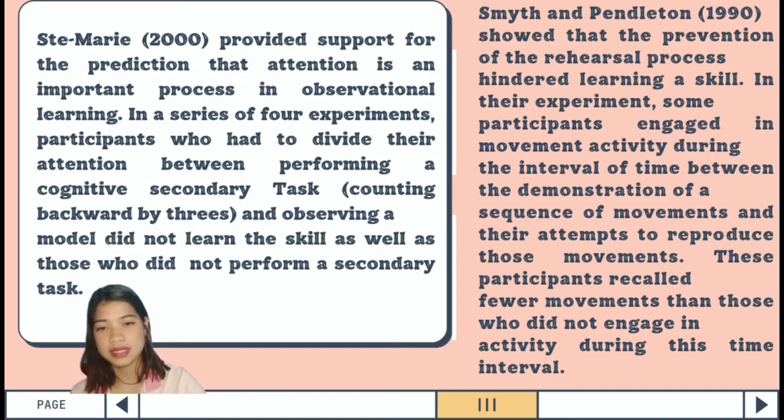In their experiment, some participants engaged in movement activity during the interval of time between the demonstration of the sequence of movements and their attempts to reproduce those movements.